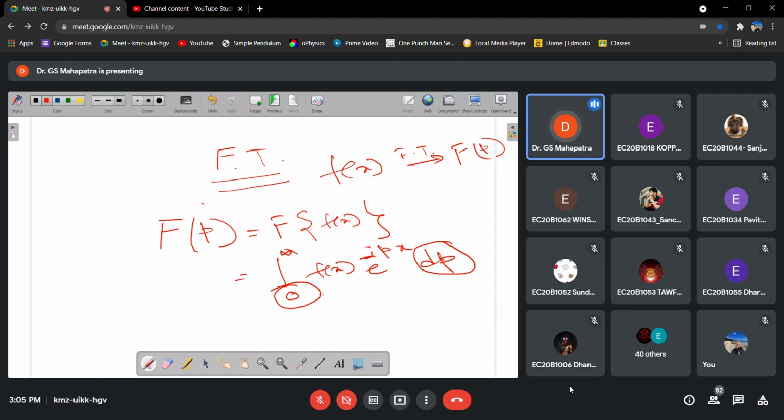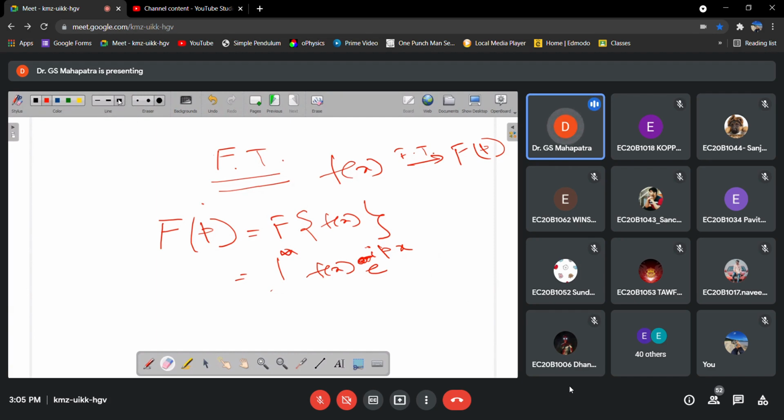If you write negative here, then the inverse transform should be positive, plus ipx dx. If you do not write negative here, I will change it now. So this one is correct now.